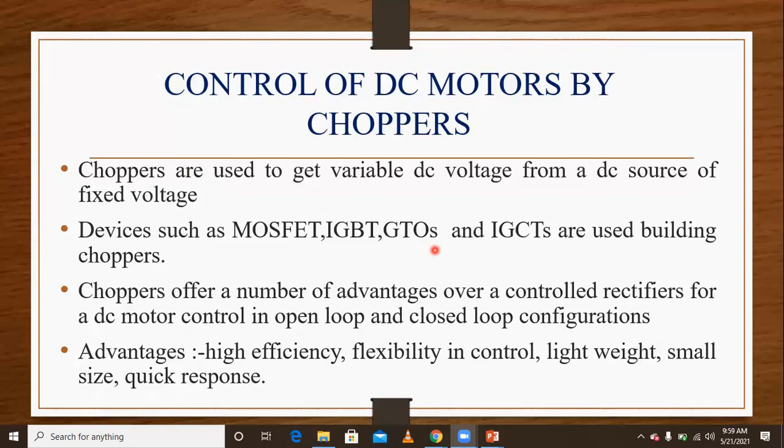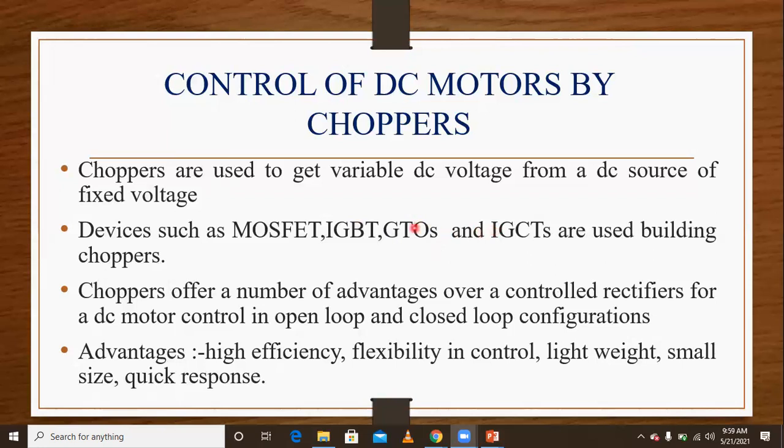But in thyristors, a commutation circuit is required to turn off the device. Here, the commutation circuit is not required to turn off these devices. These are the self-commutated devices: IGBT, MOSFET, GTO, IGC.